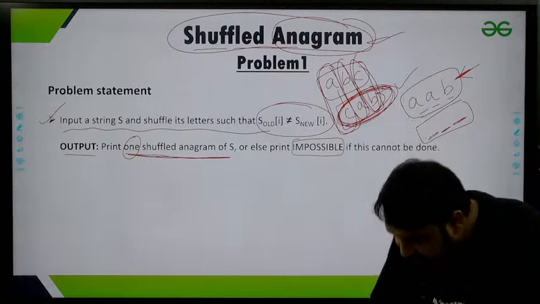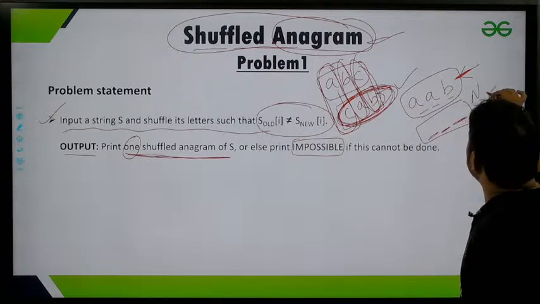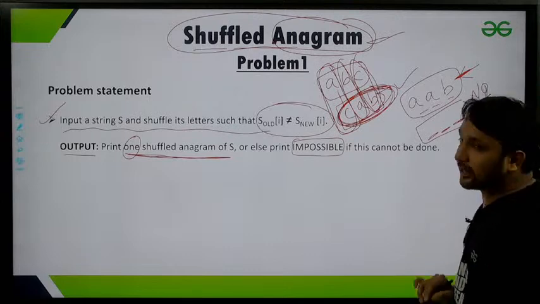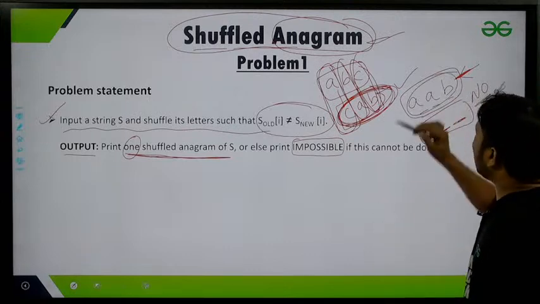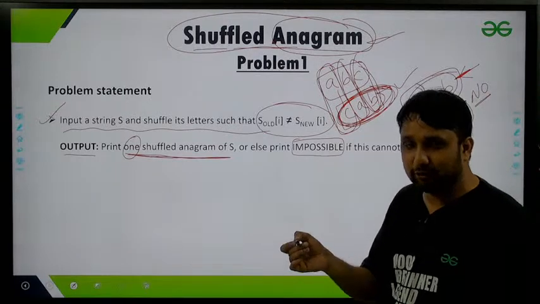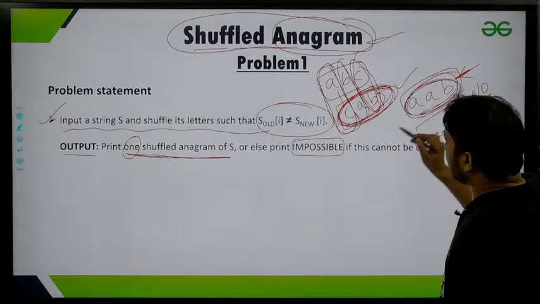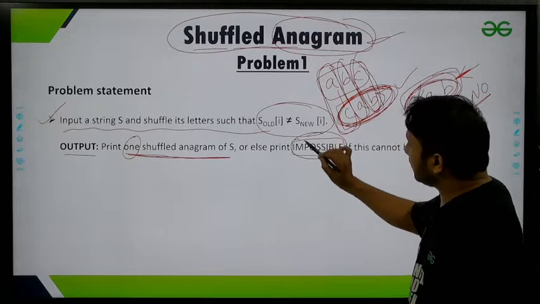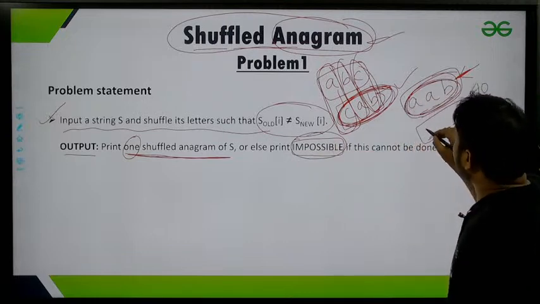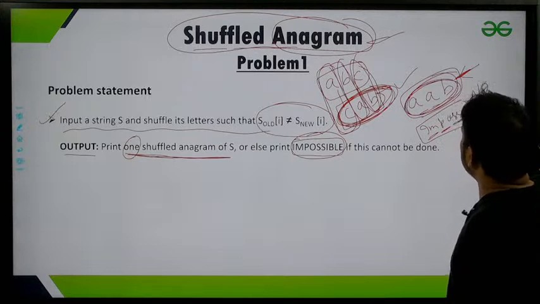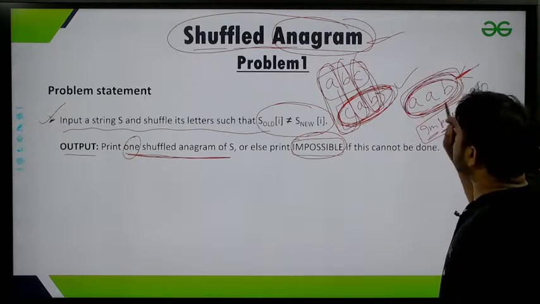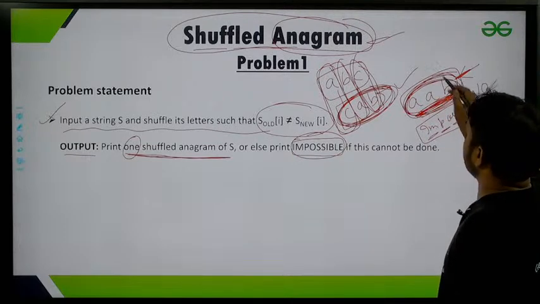Okay, Abhishek has written that no shuffled anagram is possible for this string. Why that is not possible, we will definitely discuss later. This is a very important point. But one thing is clear right now: I need to print impossible for this string because I cannot generate a shuffled anagram for it.